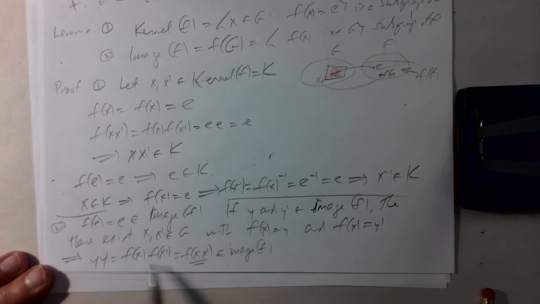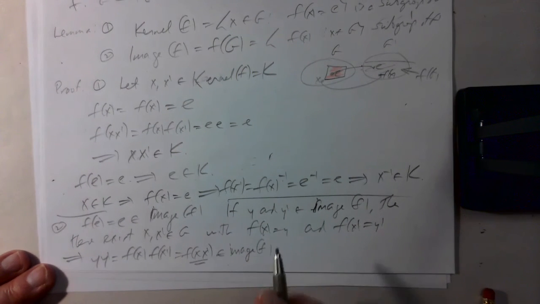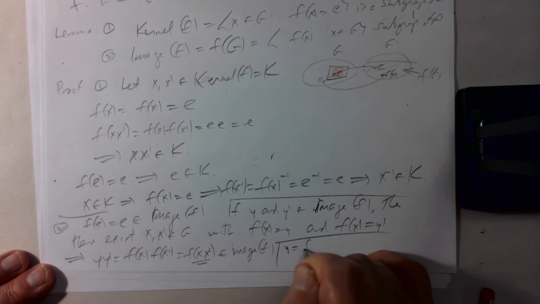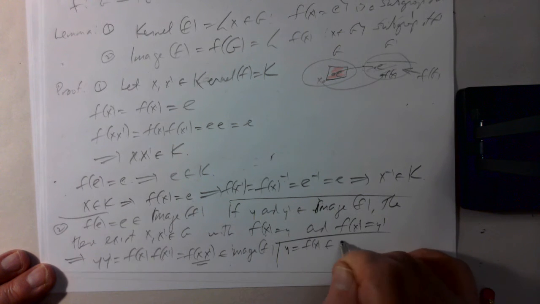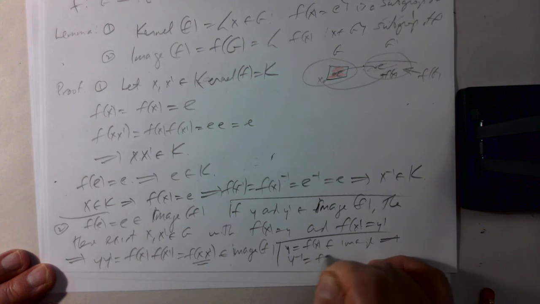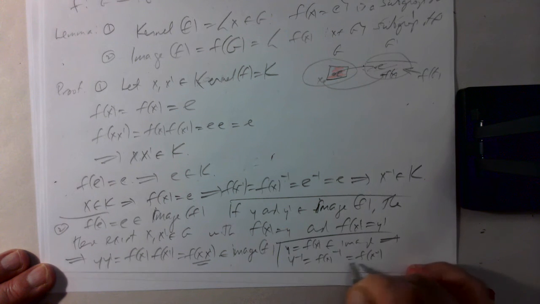So the image of f is closed under multiplication, it contains the identity, and finally, if y equals f of x is in the image, then y inverse, which is f of x inverse, is f of x inverse. So it's also the image of something.